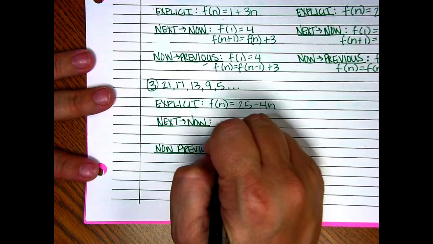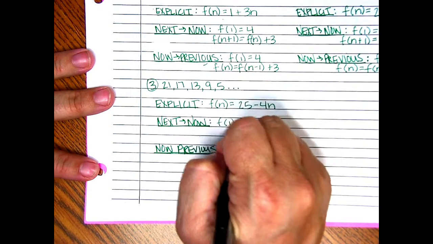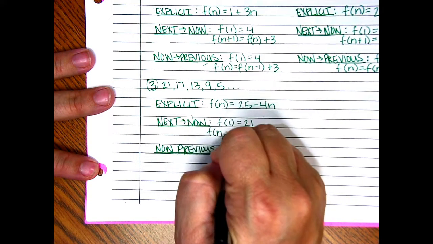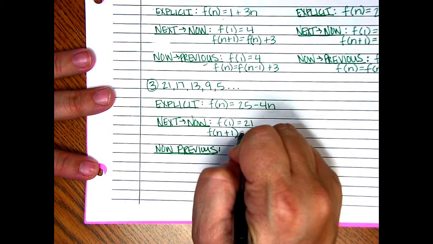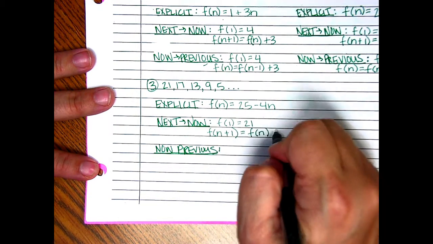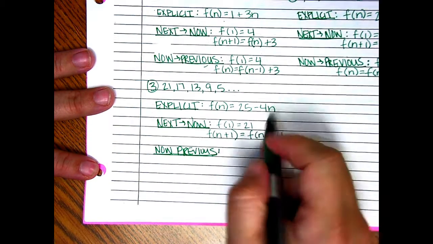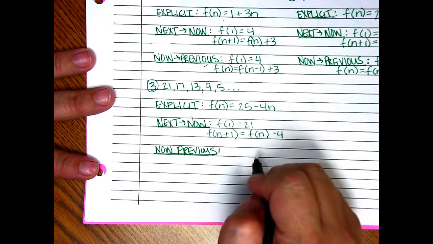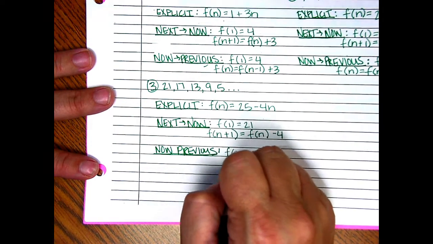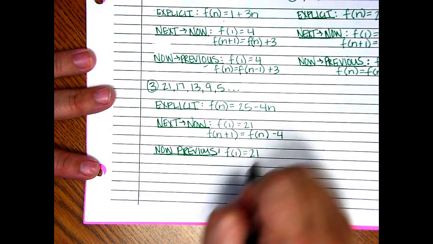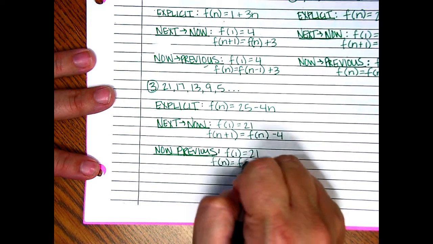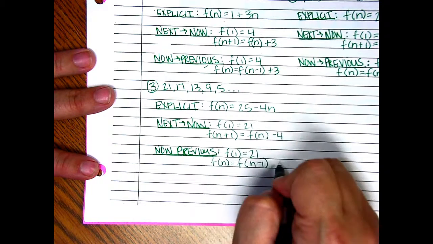For the next now, I'm going to list f of 1 as 21 and f of n plus 1 equals f of n minus 4. For the now previous, again I'm going to list f of 1 equals 21 and f of n equals f of n minus 1 minus 4.